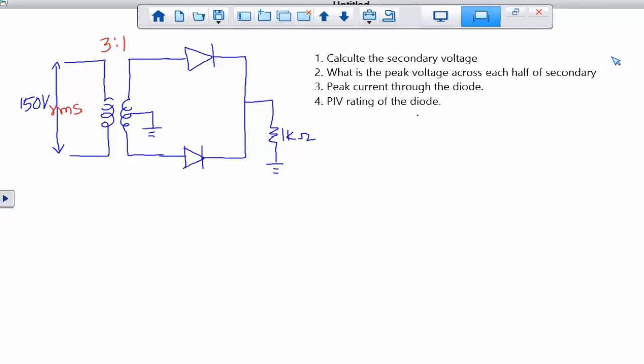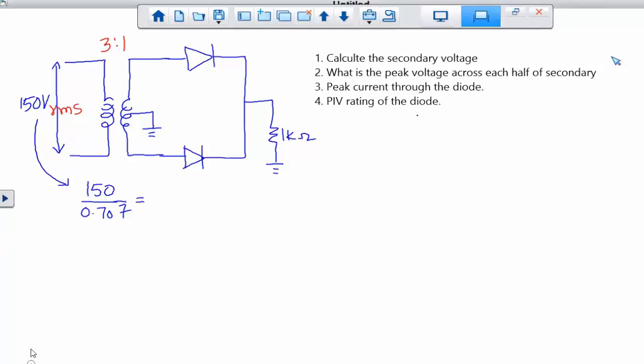So the first thing you should do is you take this RMS voltage and you convert it into the peak, right? Which is either you divide by 0.707 or multiply by 1.414. So either way. So how much should this be?